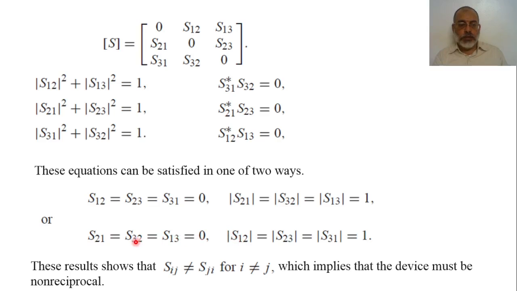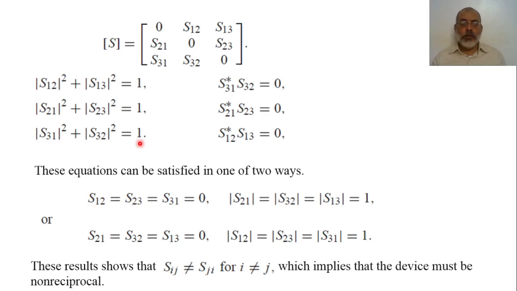If S32 is 0, then the magnitude of S31 is 1. Finally, if S13 is 0, then the magnitude of S12 is 1. So, these 6 S parameters also satisfy this condition.